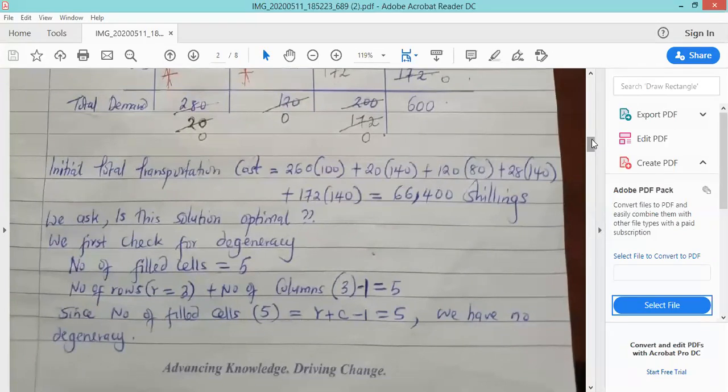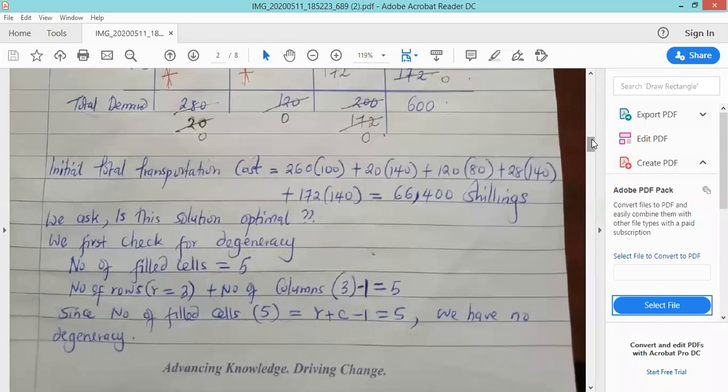Checking for optimality means the solution that we are having of 66,400, we subject it to a test to find out whether there is a possibility of moving some units from one cell to another to make the solution of 66,400 somehow smaller. If that is the case, it would mean a better solution does exist. How do we do this?